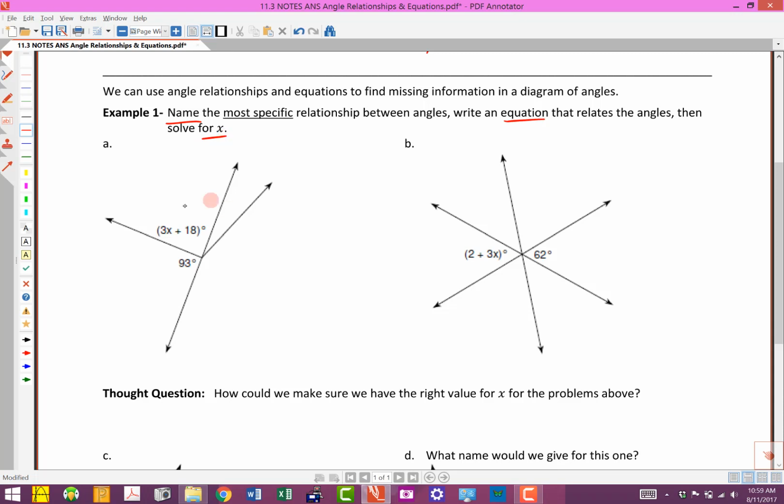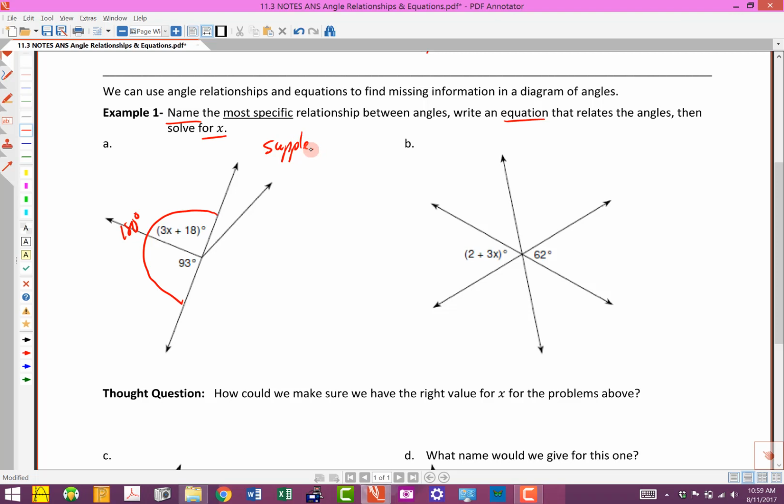Now, what we notice about this one right here, again, some extra lines and a bunch of stuff floating around here, is this. This is a straight line. If that's a straight line, those add up to 180 degrees. Those two angles right there would make 180 degrees. Well, if they add up to 180 degrees, the most specific name we could give to that is supplementary.